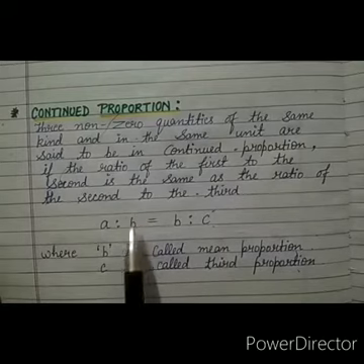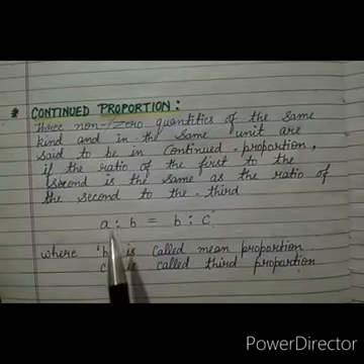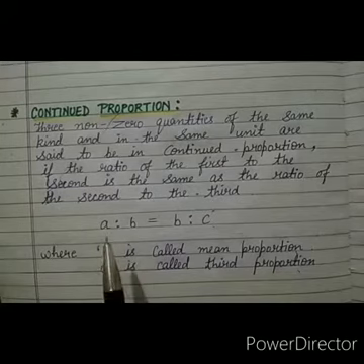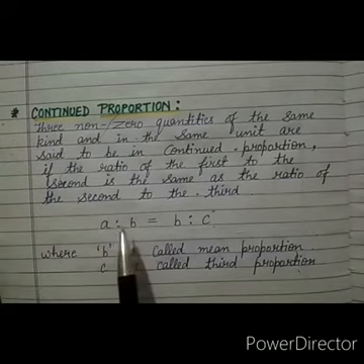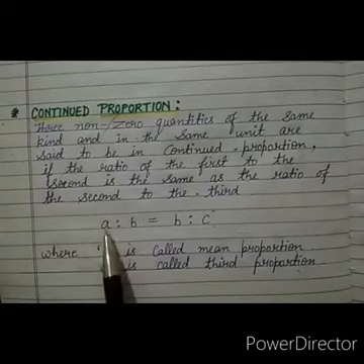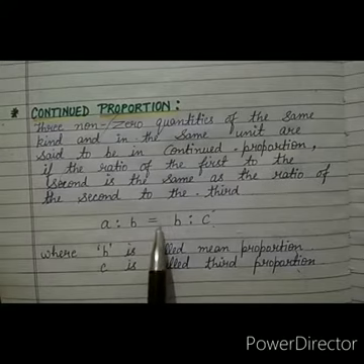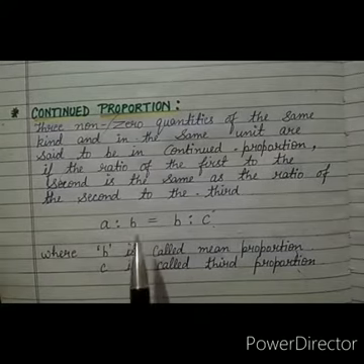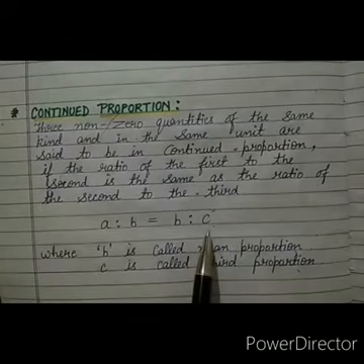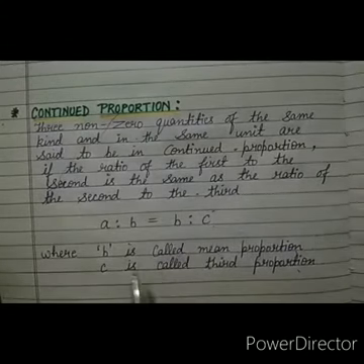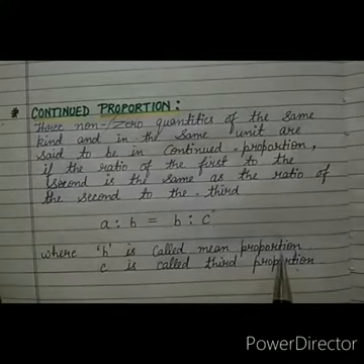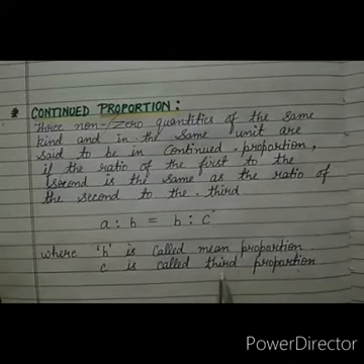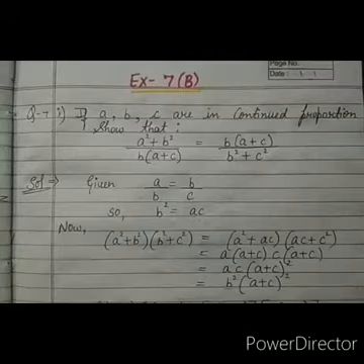Means when we have three non-zero quantities, then they are said to be in continued proportion if the ratio between the first and the second term, that is A is to B, is equal to the ratio between the second and the third term, that is B is to C, where B is called mean proportion and C is called the third proportion. Now let us take some questions of exercise 7b to understand more about this topic.